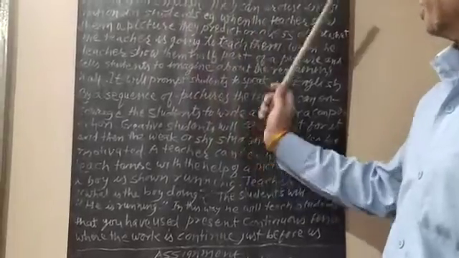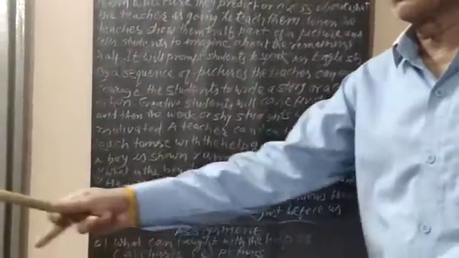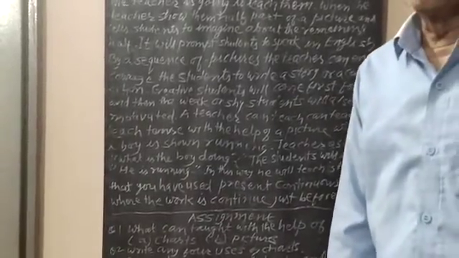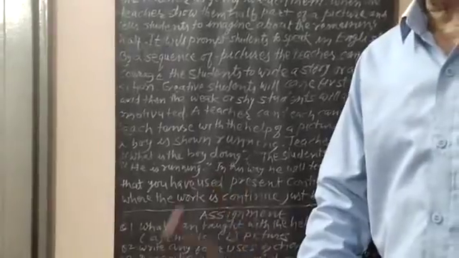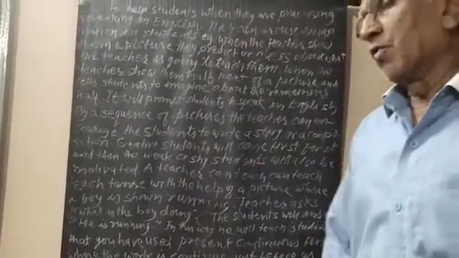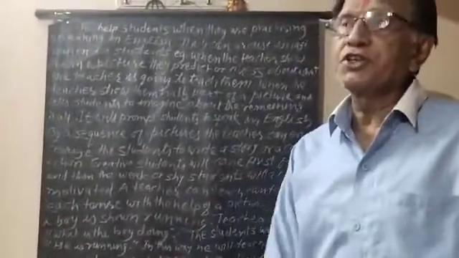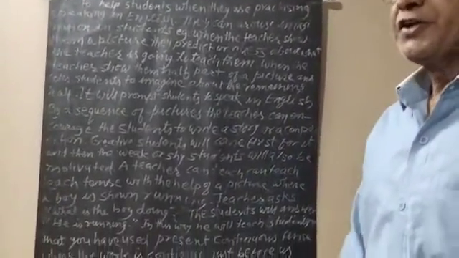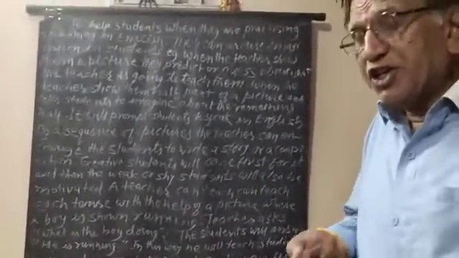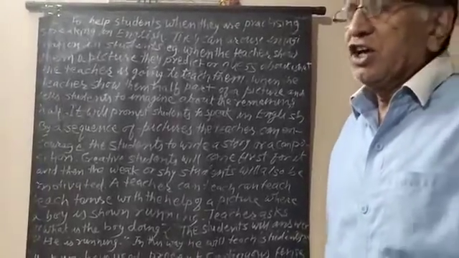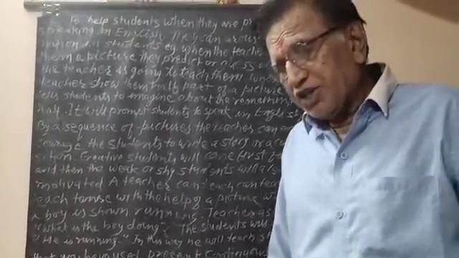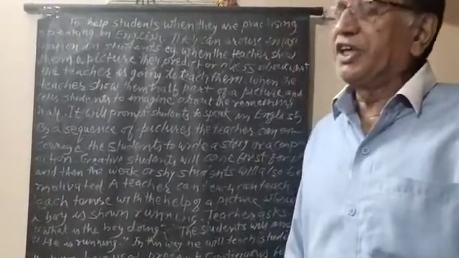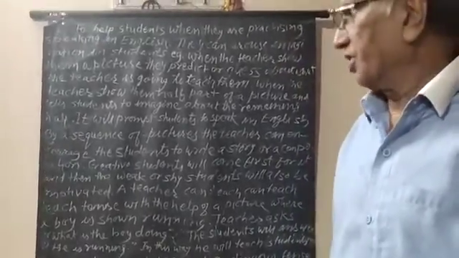For example, when the teacher shows them a picture in the class, the students will start imagining. They will predict, meaning say in advance, what the teacher is going to teach today. So it will arouse their imagination power, and imagination power is a very good thing for the learning process.